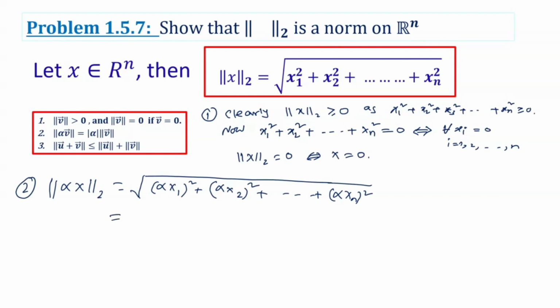We separate it, so from each part we can take out the alpha. So we can rewrite it as alpha square times x1 square plus x2 square plus xn square.